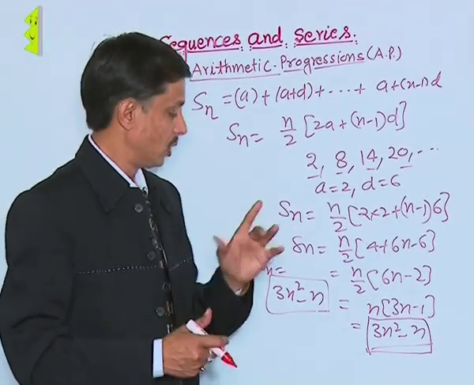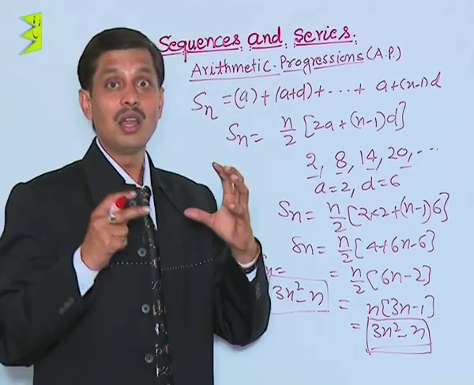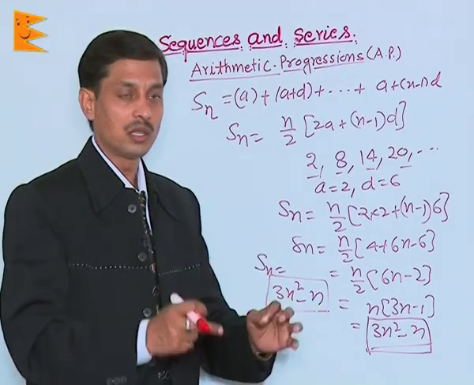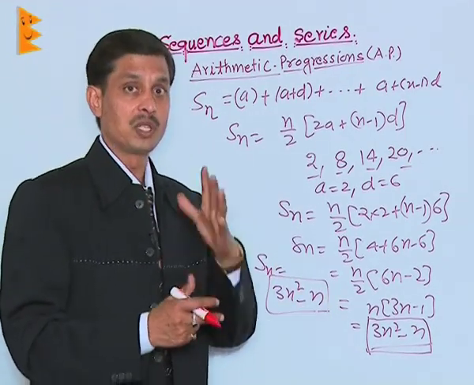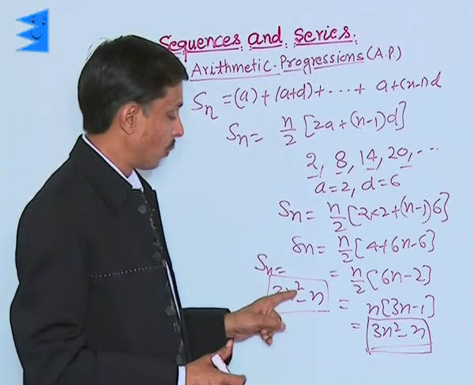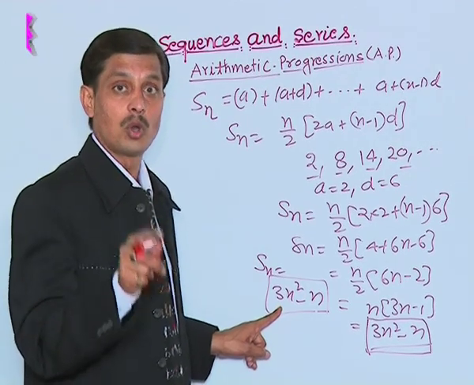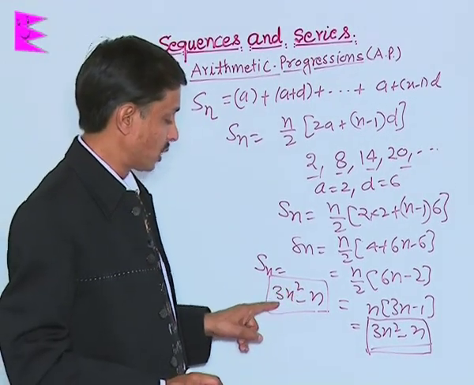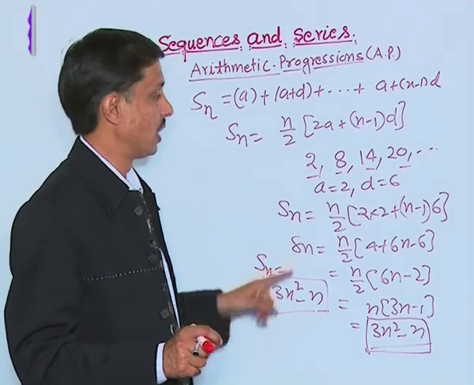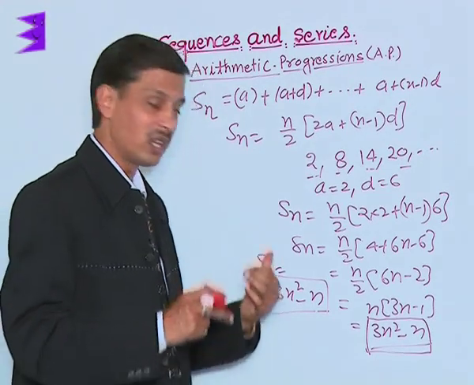So always remember, whenever a general Sn is given, there will be no constant term. And the second thing to note, whatever the coefficient of n square is, double of that will always be the common difference. Here the coefficient of n square is 3, so 3 times 2 is 6. The common difference of that arithmetic progression will be 6.